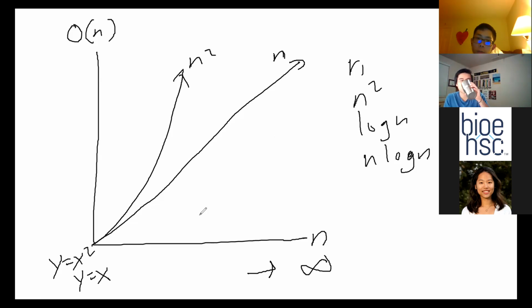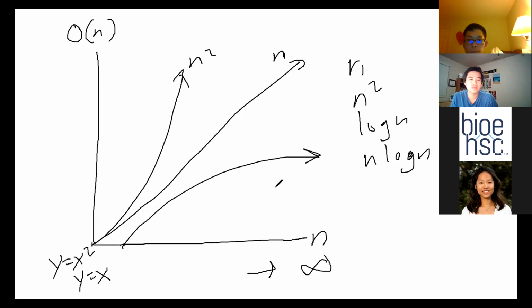Log n, however, is going to look something like this. It starts like this and it tapers off. So this is actually better than n.